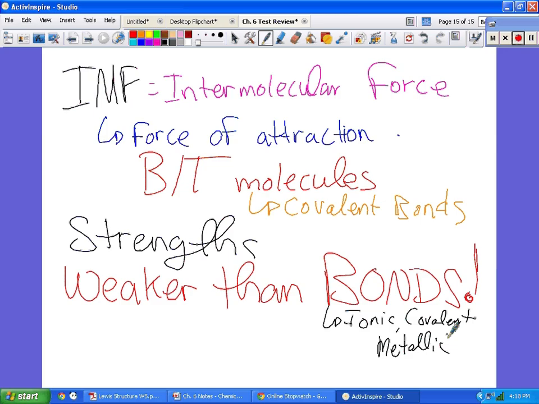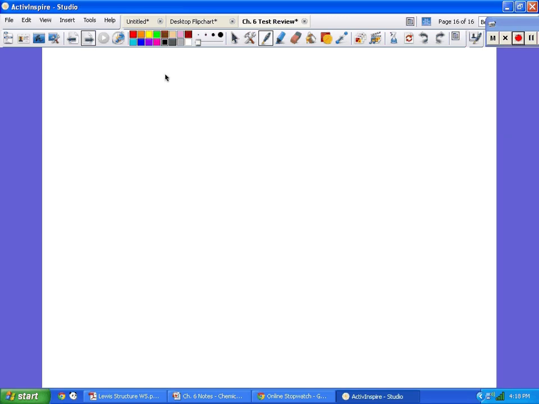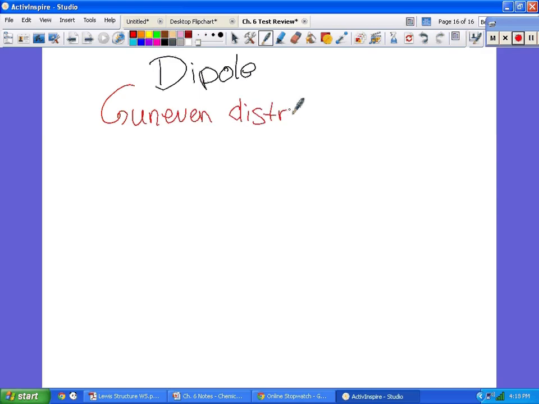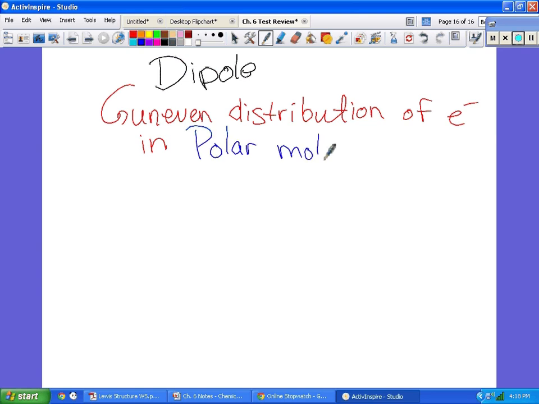The next one: know what a dipole is, how they're created, and from what types of bonds they form. All right. So a dipole is created from an uneven distribution of electrons in polar molecules.